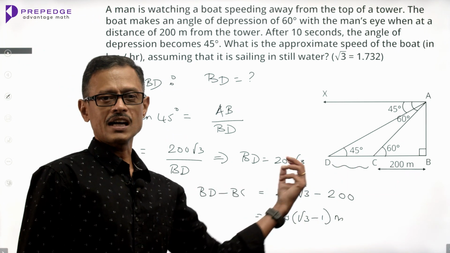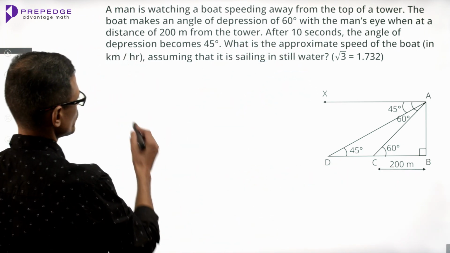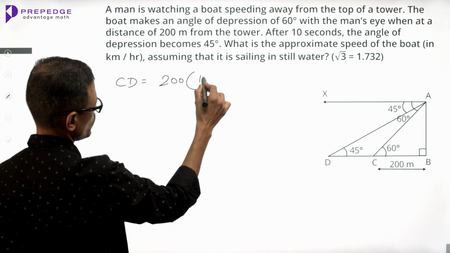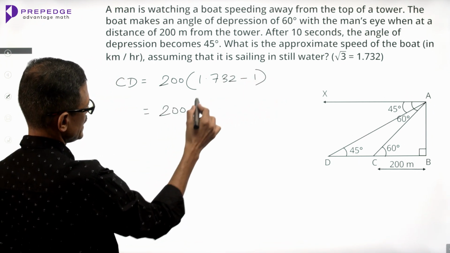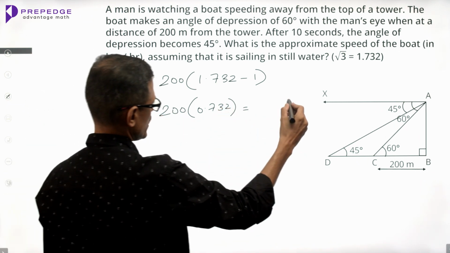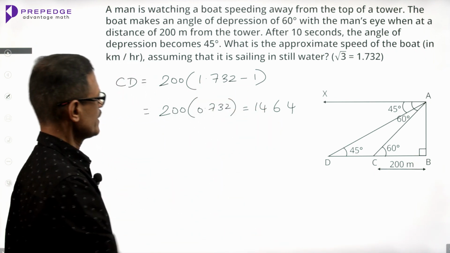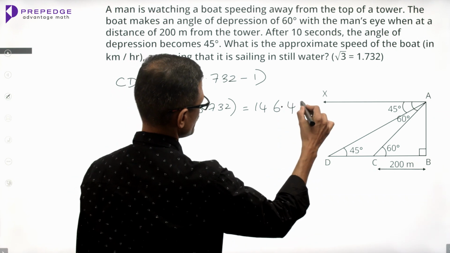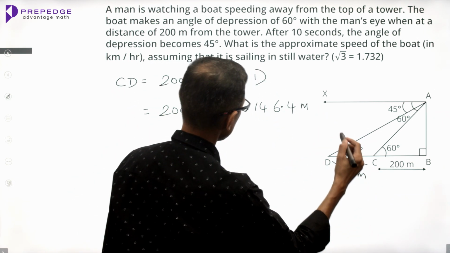This is the distance traveled by the boat in 10 seconds. The value of root 3 is given as 1.732, so CD is equal to 200 into 1.732 minus 1, which is 200 into 0.732. Multiplying by 2 gives 4, then 6, then 14. So 200 into 0.732 is 146.4 meters.